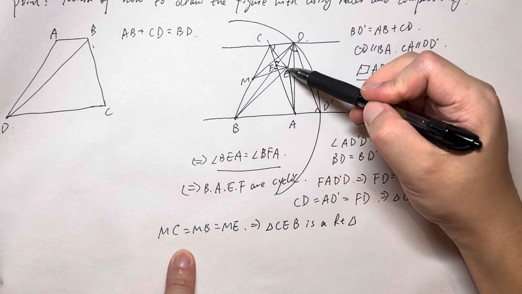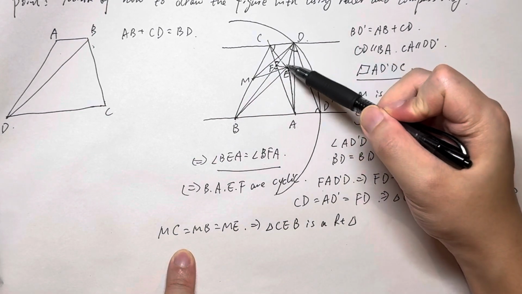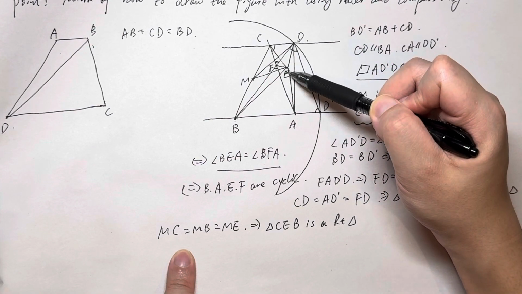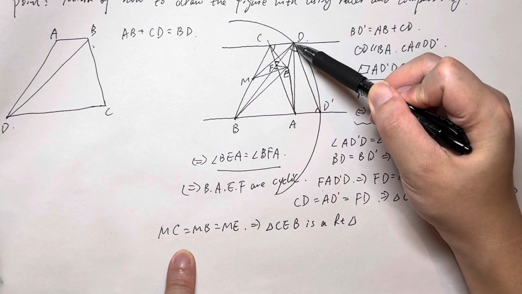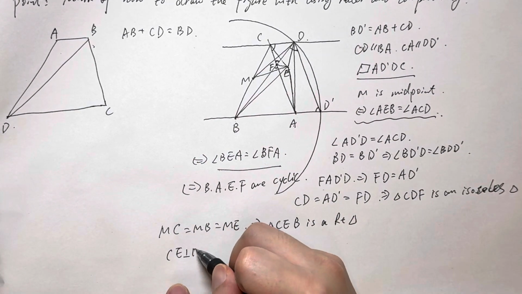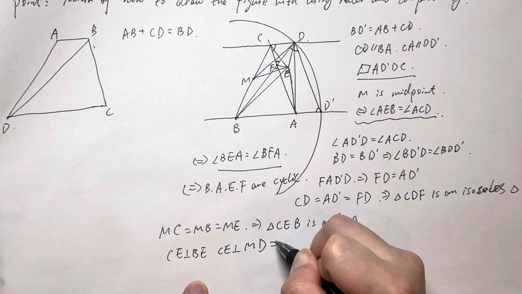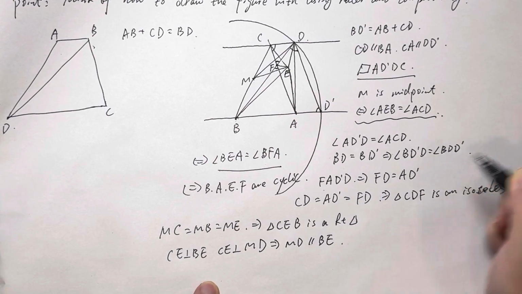The angle CEB is 90 degrees. So CE is perpendicular to BE. And because E is a reflection of C over MD, CE is perpendicular to MD, which means MD is parallel to BE.